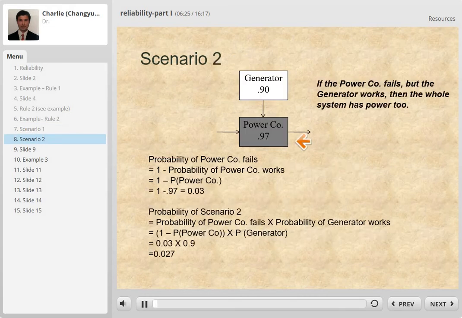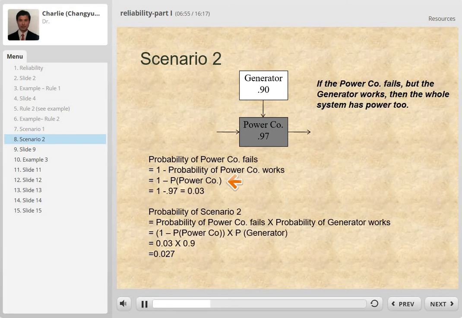Scenario 2, what if the power line failed? Now in this case, in order to have power, we need the generator to work. So what is the probability that the power line fails? It equals 1 minus the probability of power line works. 1 minus it is the chance that it will fail.